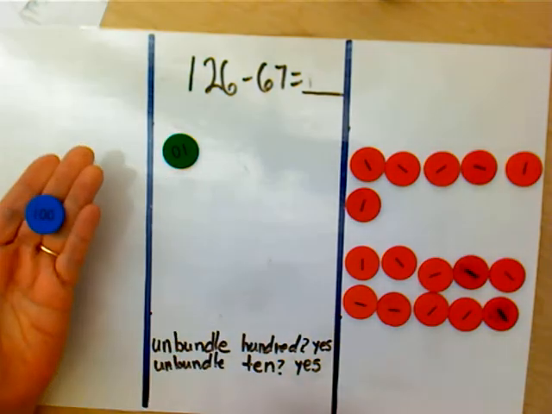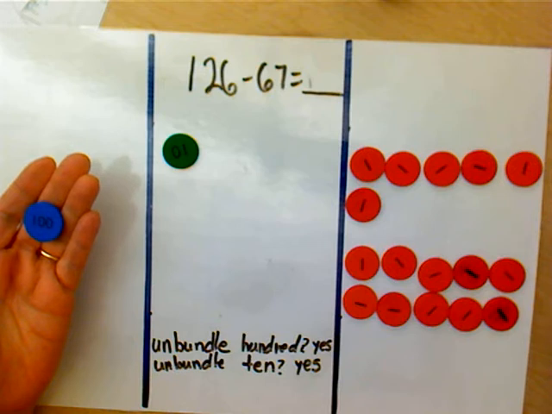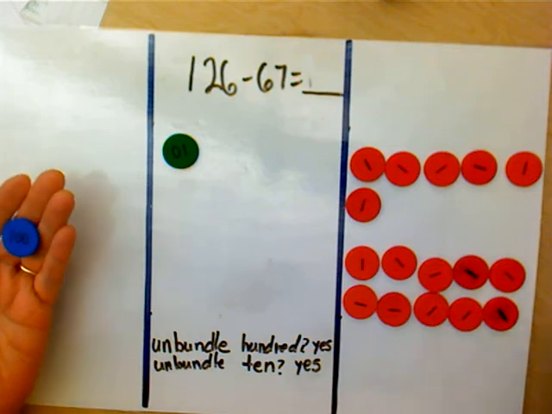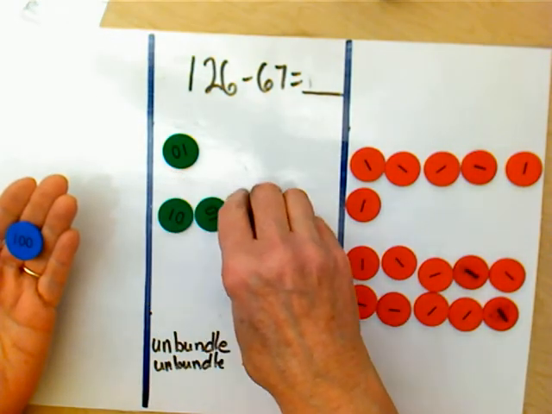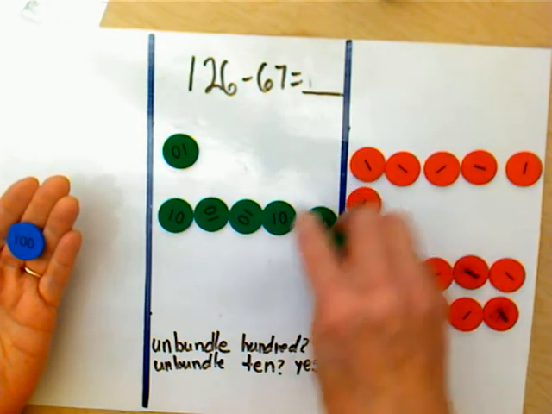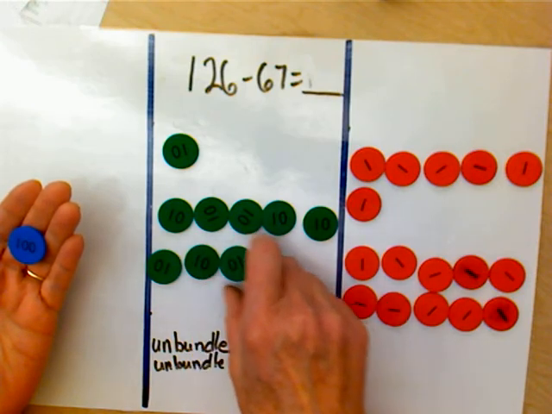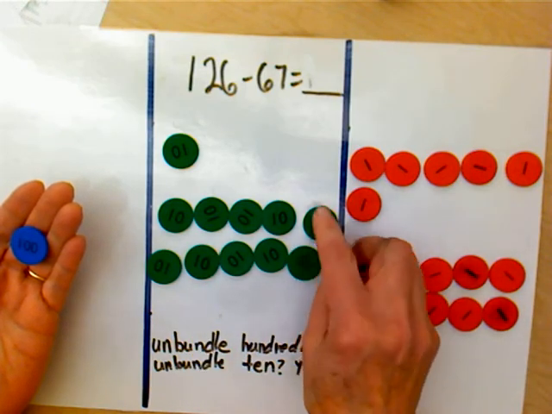So I'm going to hold that 100 in my hand, and I am going to unbundle and exchange that 100 for 10 10s. Here we go. 1, 2, 3, 4, 5, 6, 7, 8, 9. Oops, not quite enough. I got to get another one. And 10.